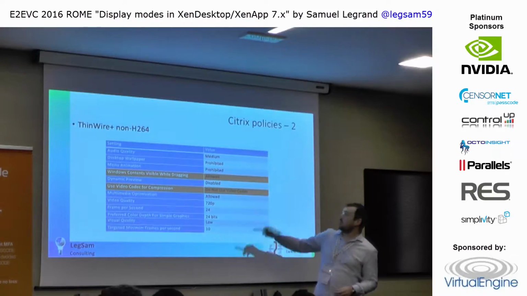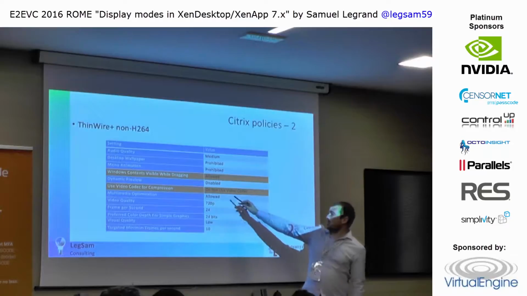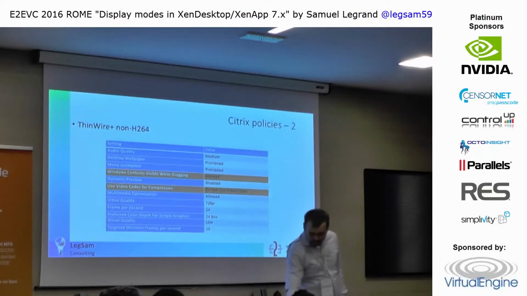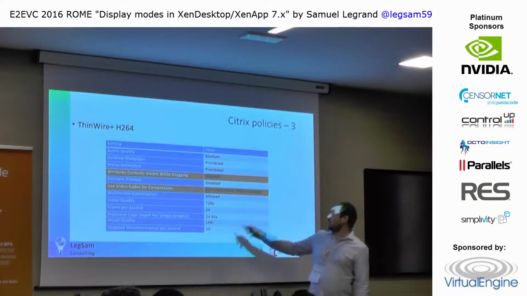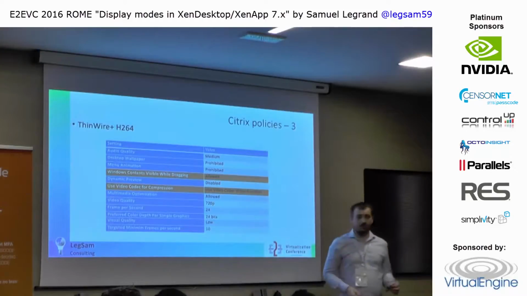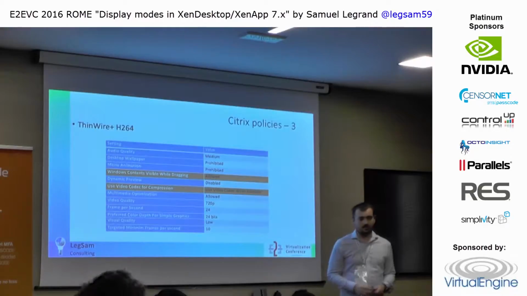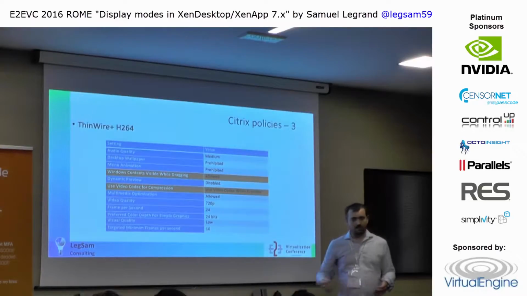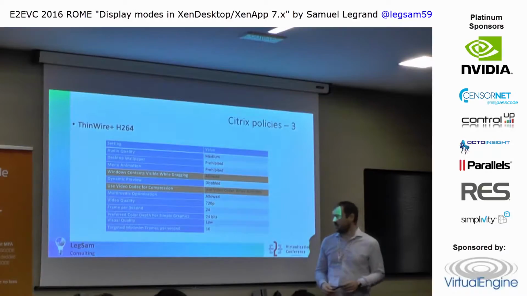And for non-H.264, you are not using the video codec, and for the H.264, you are using the video codec when available. The endpoint has to have the codec installed, so it has to be a Windows machine or a Mac with a specific version.